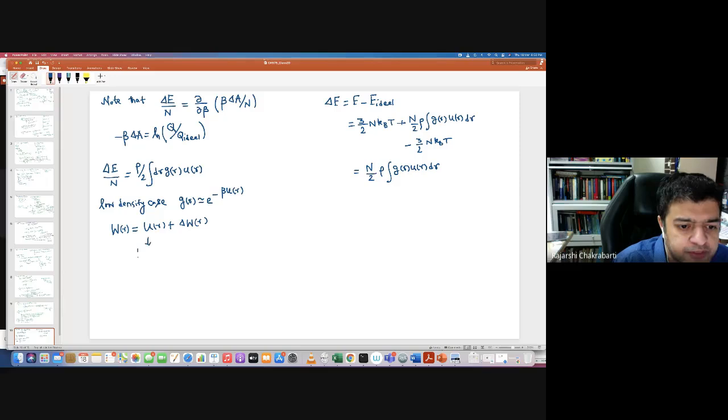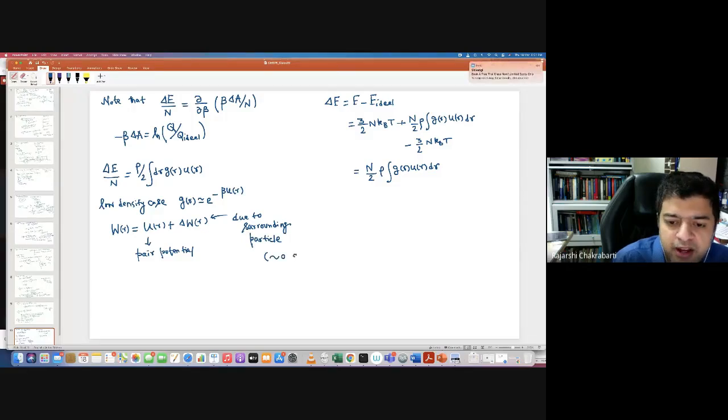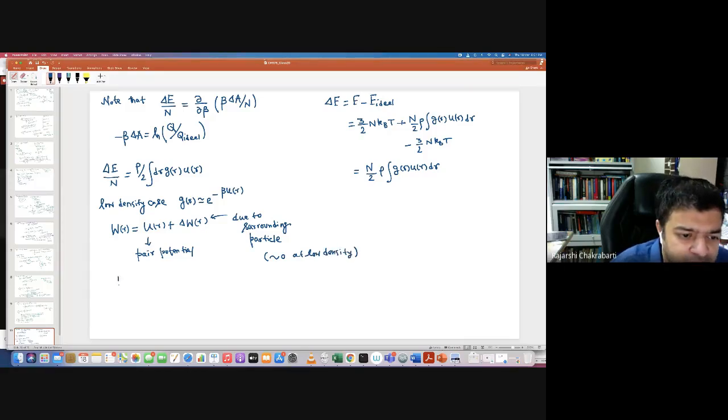This is the pair potential, and this correction is due to surrounding particles, isn't it? And if surrounding particles are low in density, what will happen to this? This goes to 0 at low density. So we'll do only the low density case. In the low density case, your w(r) is equal to u(r).